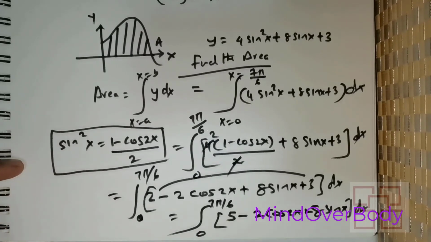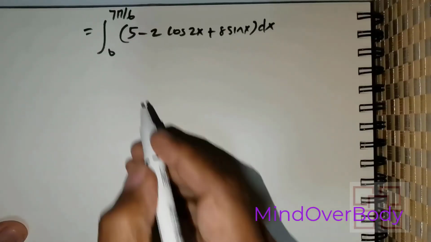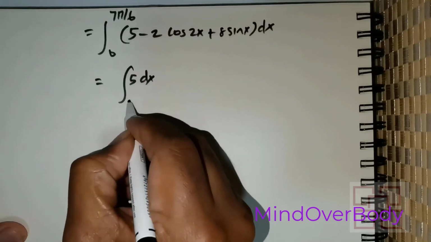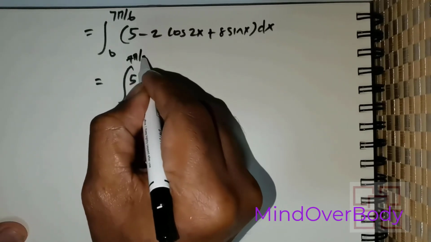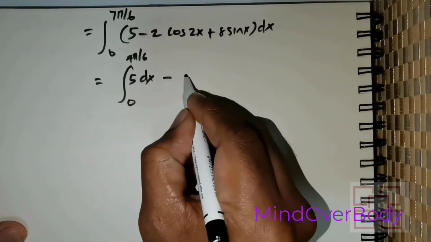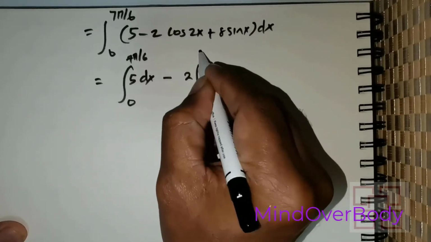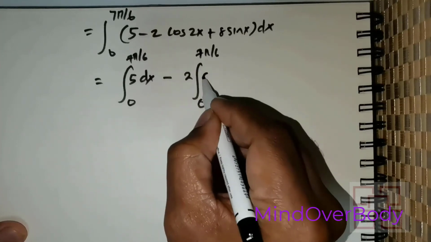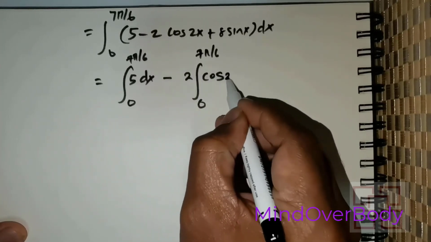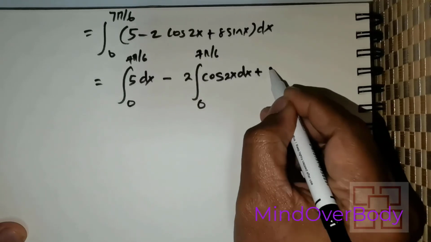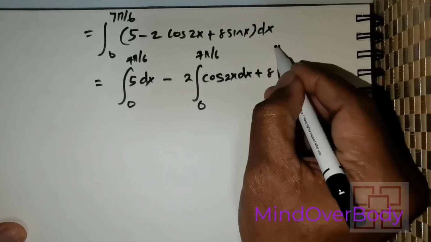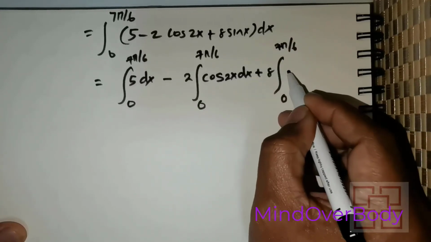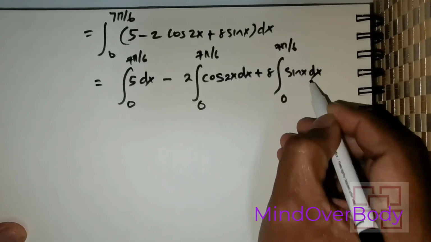So I have to perform this integration. Now this can be further rewritten as 5 times integral 0 to 7 pi over 6 dx, minus 2 times integral 0 to 7 pi over 6 of cos 2x dx, plus 8 times integral 0 to 7 pi over 6 of sin x dx.